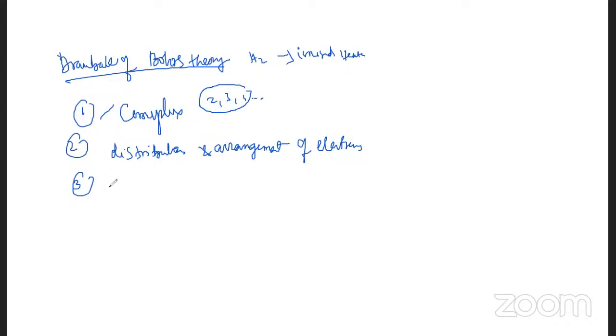The third point is that it does not explain the experimentally observed variations in the intensity of the spectral lines of an element. That is also a failure of Bohr's theory.